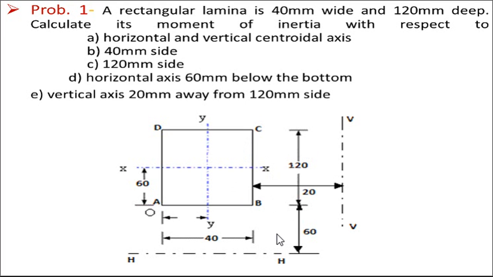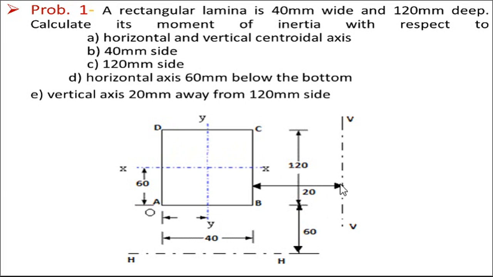Also, the horizontal axis which is 60 mm below the bottom, so the bottom is AB and here the horizontal axis is HH. Again we have to determine the moment of inertia with respect to this horizontal axis 60 mm from the edge.